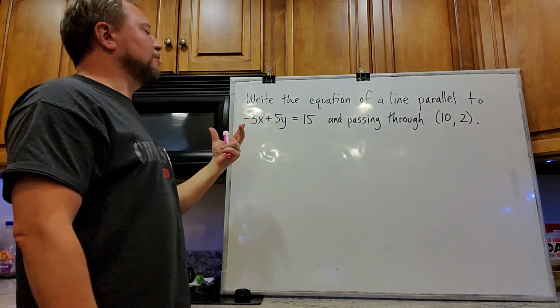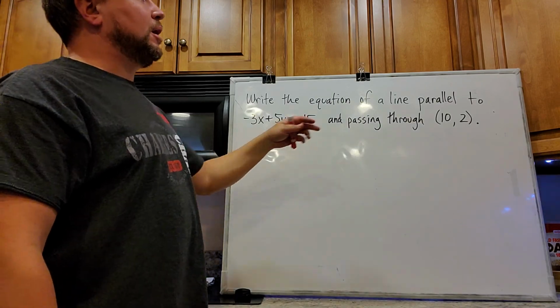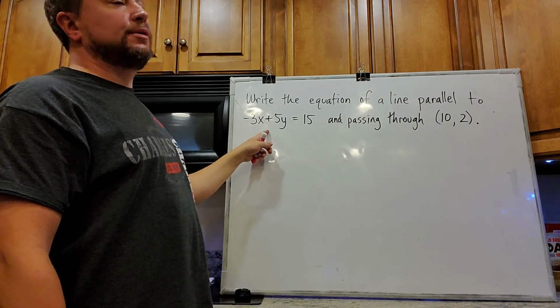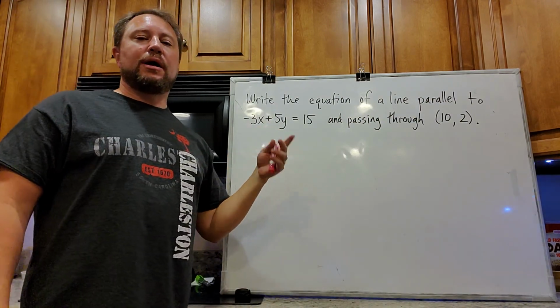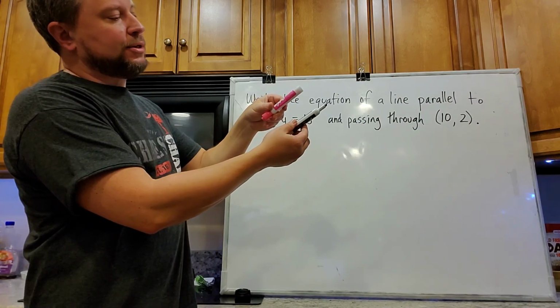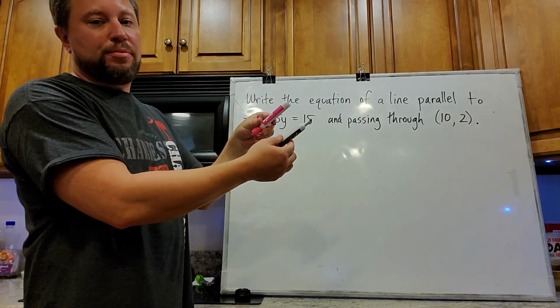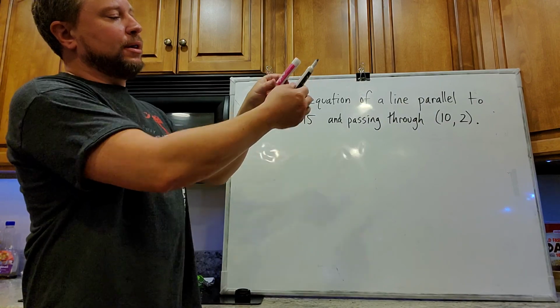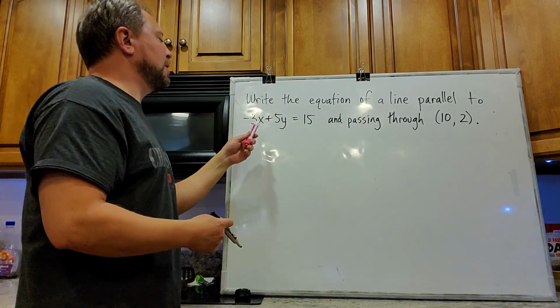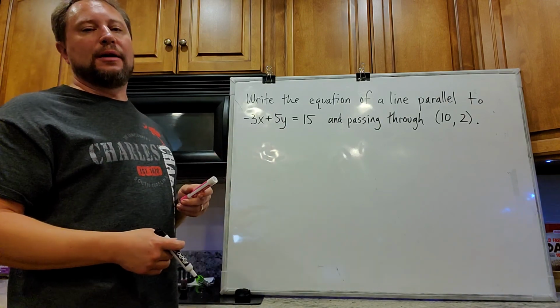Okay? So one of the first things I want to do is, if I'm going to have my line be parallel to this, then I know that parallel lines, like we've mentioned before, have to run in the same direction and have the same slope, right? To be parallel, we learned today, they're going to have the same slope. So what I need to do is determine the slope of this line.